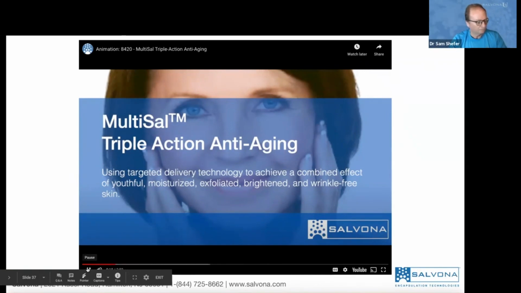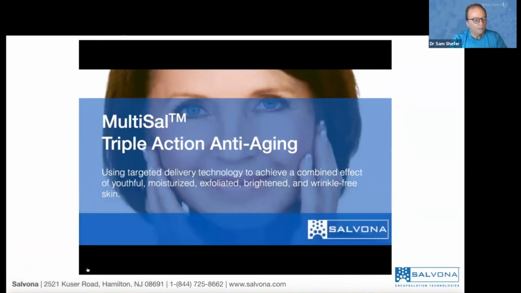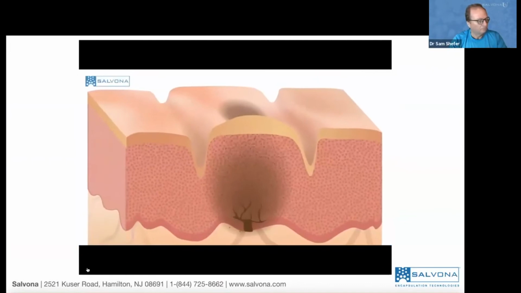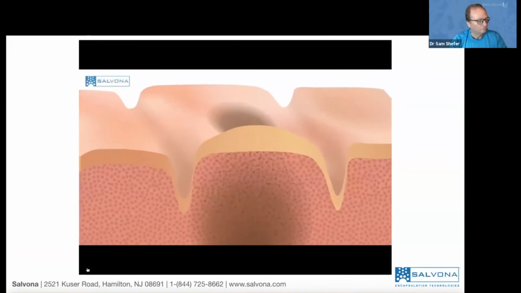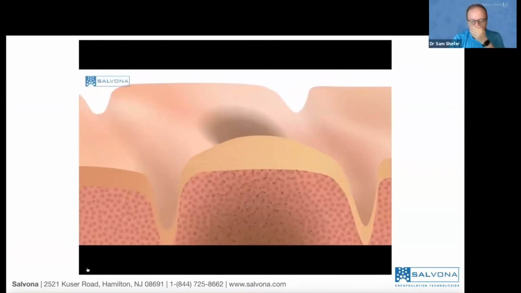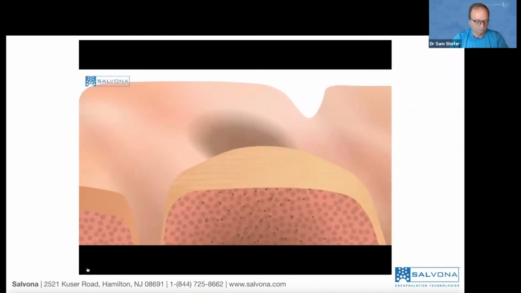A multifunctional platform designed to deliver several functional ingredients to the skin. Triple action anti-aging exfoliates, moisturizes, reduces the appearance of age or sunspots at the skin surface, and reduces the appearance of fine lines and wrinkles. When the MultiSal microsphere is applied to the skin, the friction of application opens the outer microsphere, resulting in the release of lactic acid.